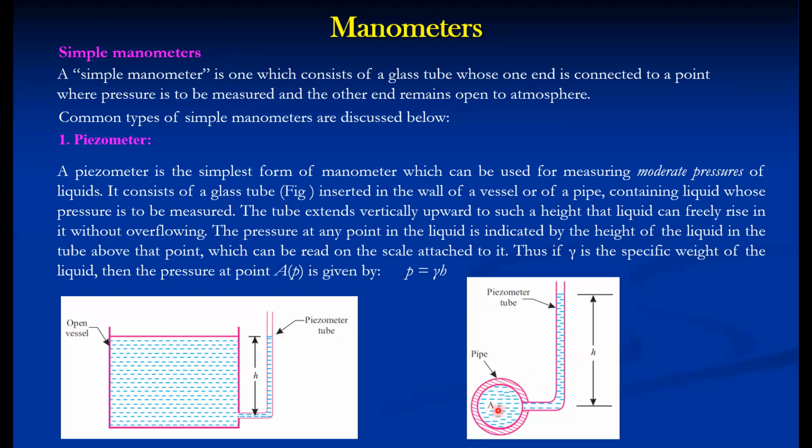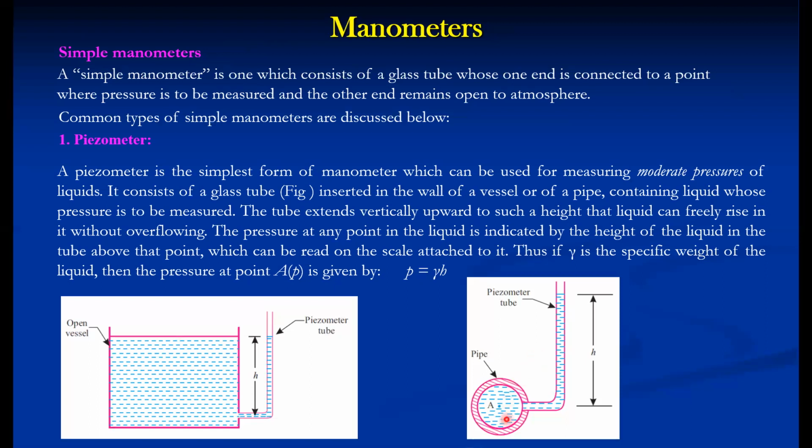We cannot use this particular device for measurement of very high pressure, because if the pressure is very high, proportionately the length is to be increased. So this particular device is not suitable for measurement of high pressure. It is especially suitable for measurement of small or moderate pressure, and only for liquid pressure.